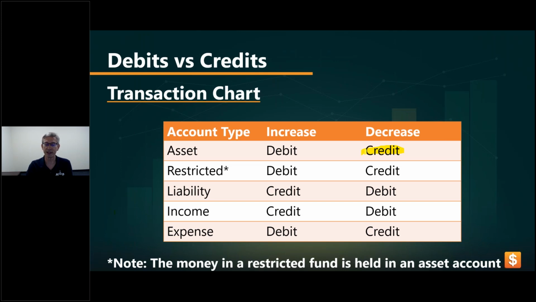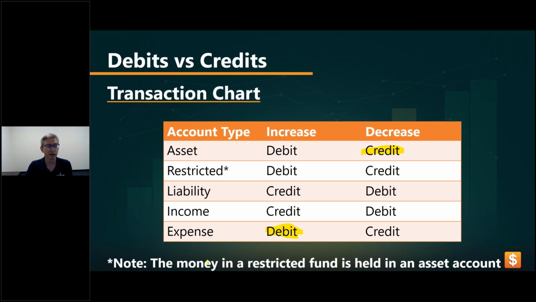And since this is a check and we're making some type of payment, that's an expense. So the opposite side of the transaction, since every transaction must have a credit and debit, would be using an expense account, which would be the debit side. And as you can see here on the chart, that's increasing the expense of that particular account throughout the year.